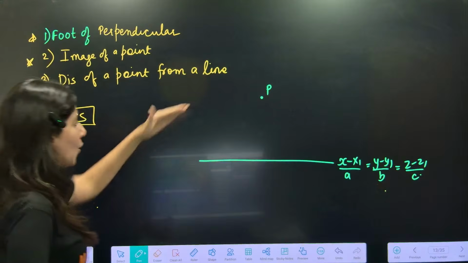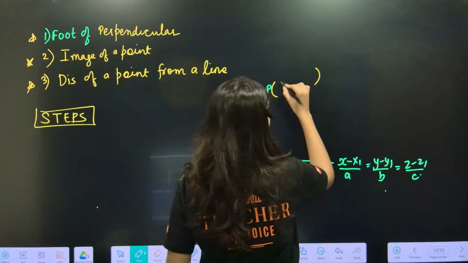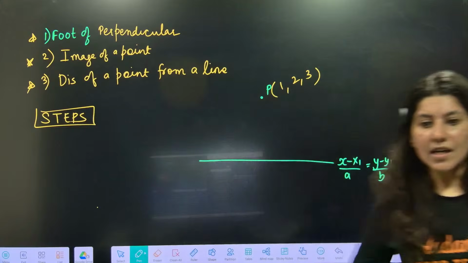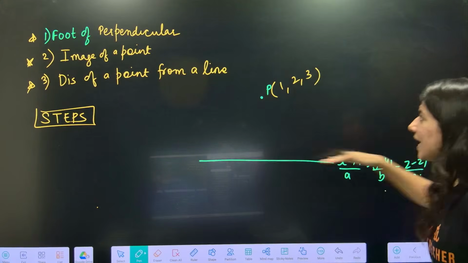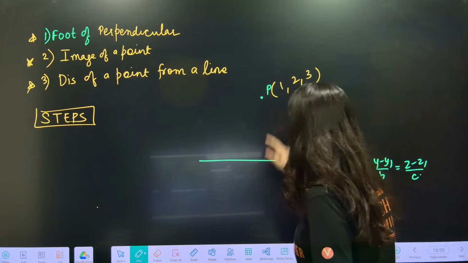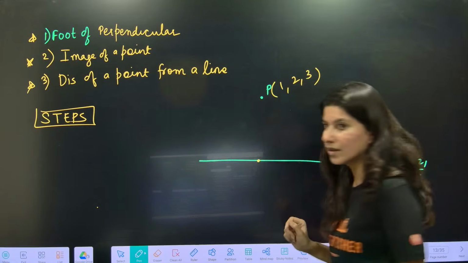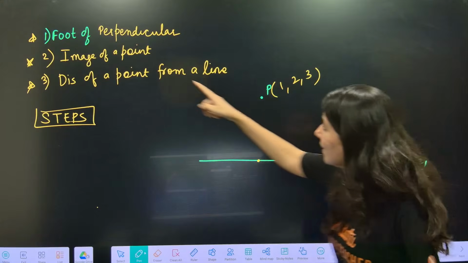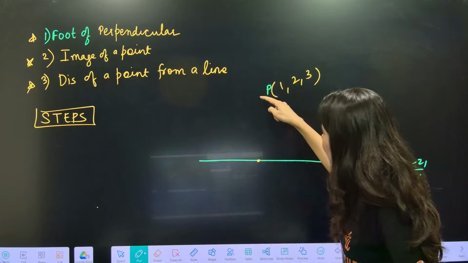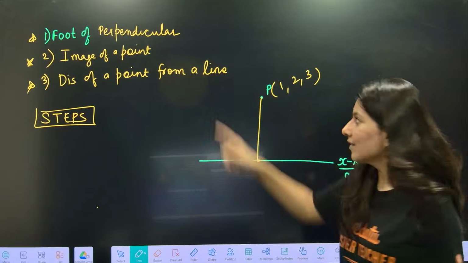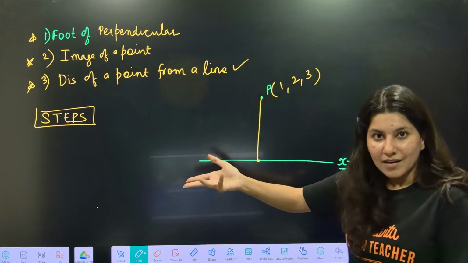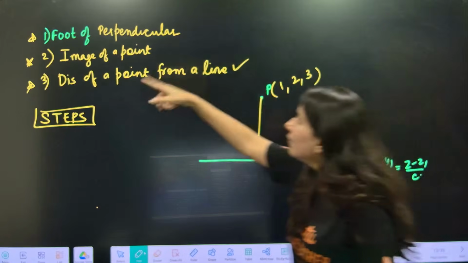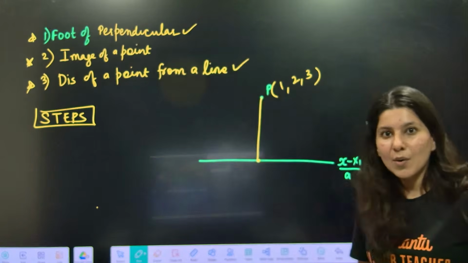Point P is given and the line is given. All you have to calculate is the foot of perpendicular. If you are able to calculate it, then the distance of a point from a line can also be calculated. One concept, and 2 things will be sorted.